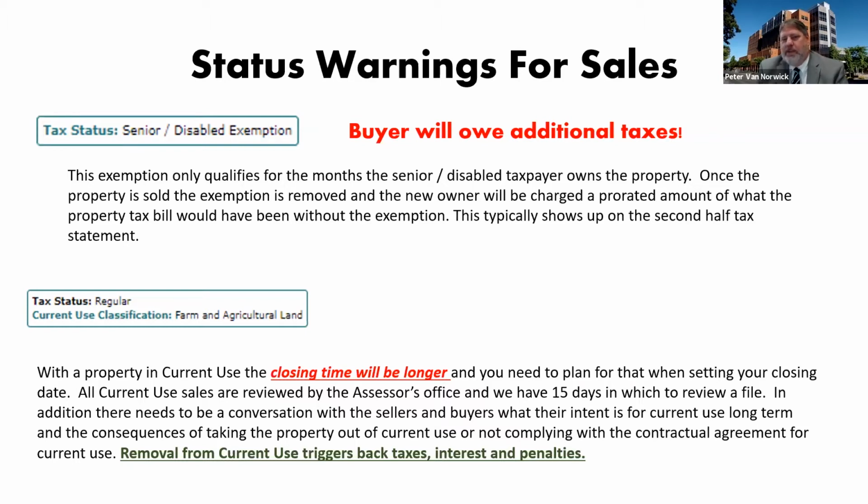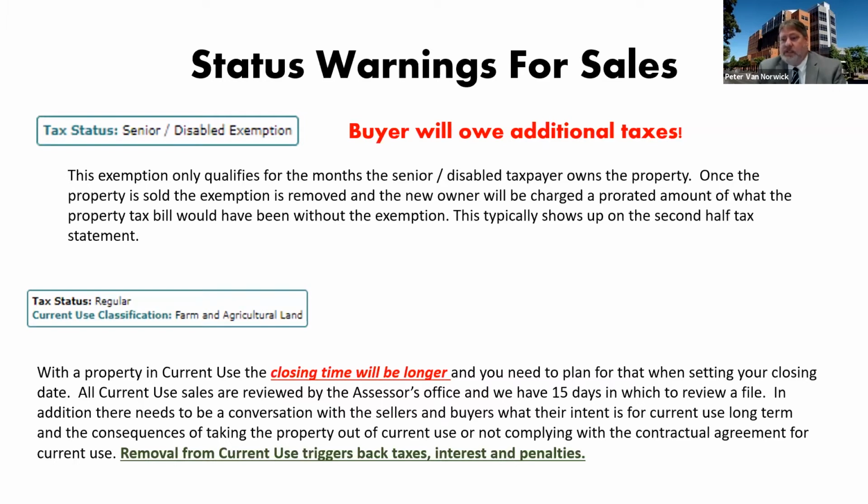Let's just say they buy it in June, so they only got the exemption for 6 months. On that second tax bill sent out from the treasurer's office, the remainder of the taxes plus the additional taxes that would have been owed if it was not in the senior exemption program will be due.